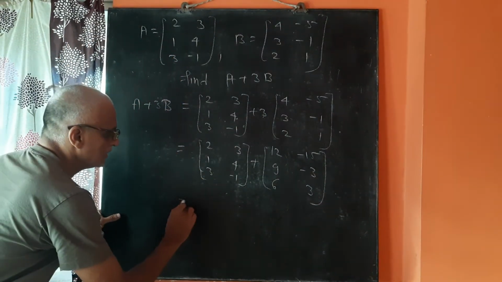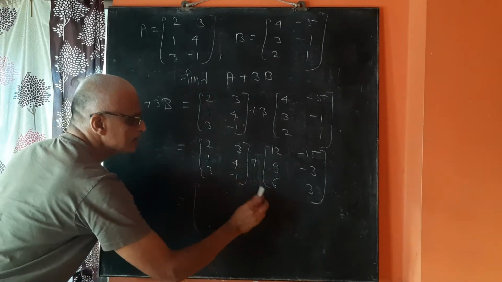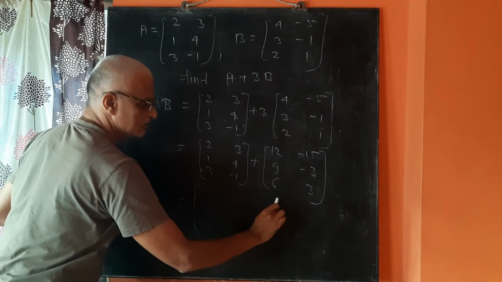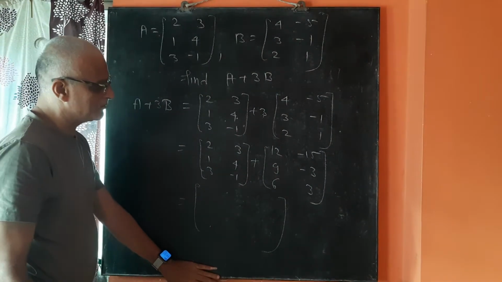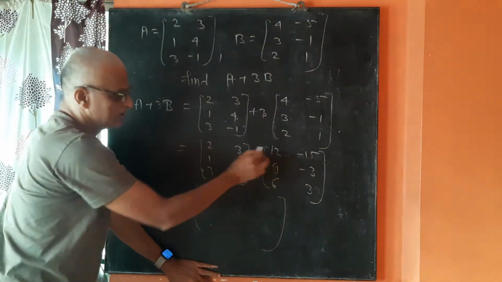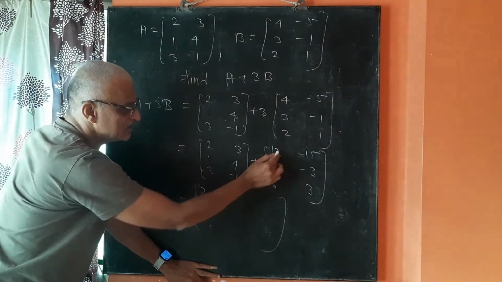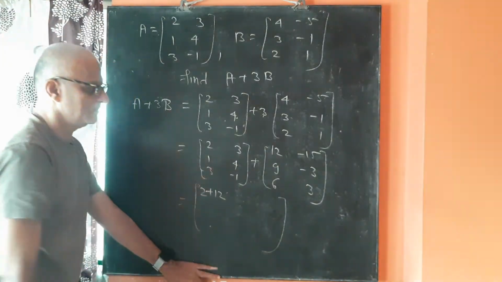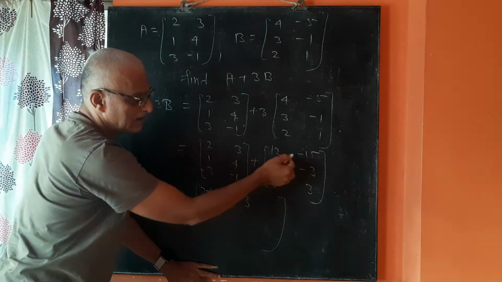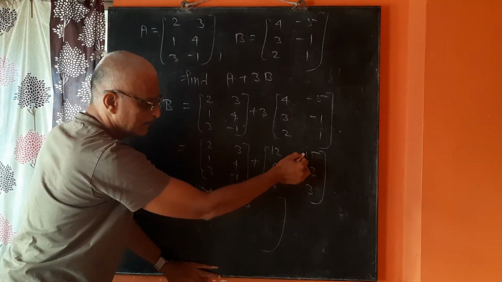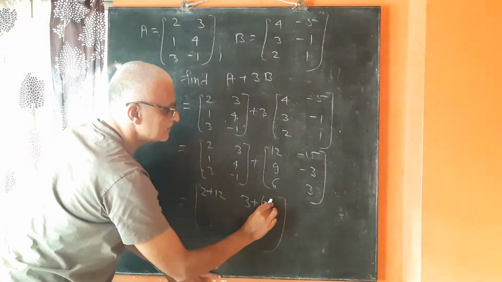Now in between the two matrices there is an addition sign. So add the corresponding elements. What are the corresponding elements? 2 and 12. So it is 2 plus 12. 3 plus of minus 15, and so on.